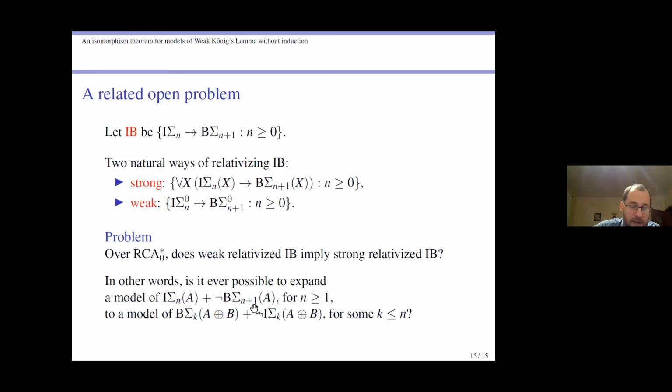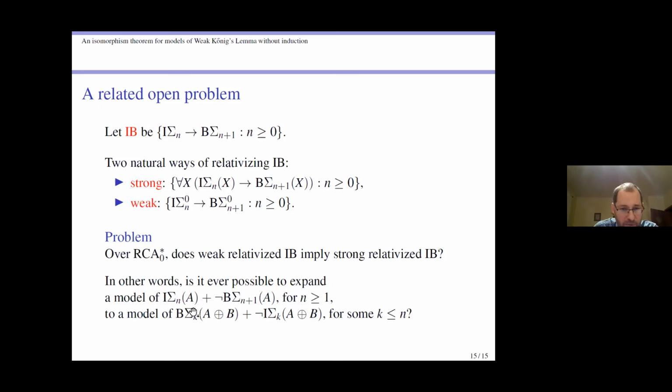Okay, so is it ever possible to go from a model of I and not B to a model of B and not I, of course for a lower level of the arithmetical hierarchy here, by expanding? If you exchange the roles of I and B, then the answer is definitely yes.